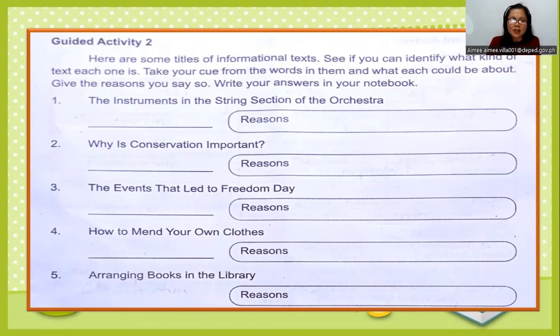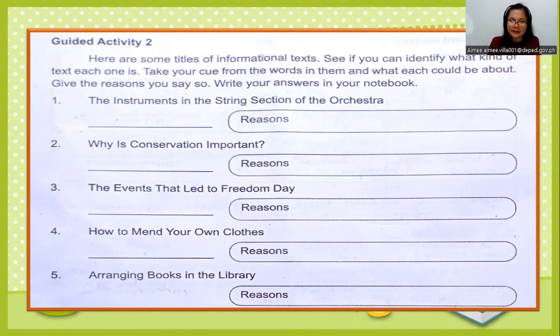Number 1, the instruments in the string section of the orchestra. What should be used? Enumeration. What's the reason? The text will give a list of instruments in this section. There are so many kinds of instruments, and you're naming different kinds, so you are enumerating.